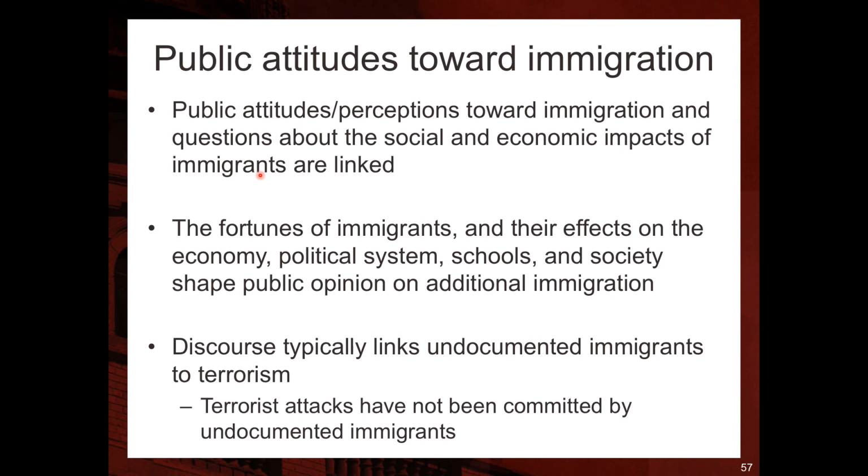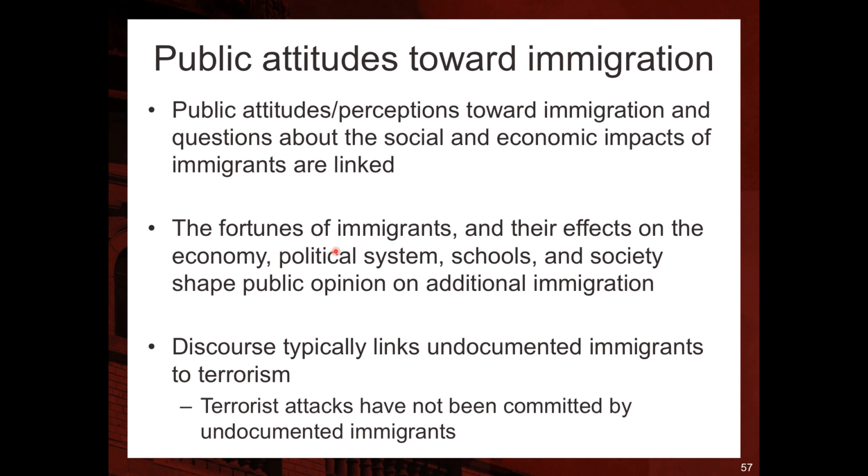If I perceive immigrants as having higher chances of committing crimes, then I will think that immigrants have negative socioeconomic impacts on American society. But the truth, as we saw in the previous graph, is that immigrants have lower chances of committing crimes. So by looking at data and seeing that immigrants have a lower chance of committing crimes, I will actually say that the socioeconomic impacts of immigrants on American society might be positive.